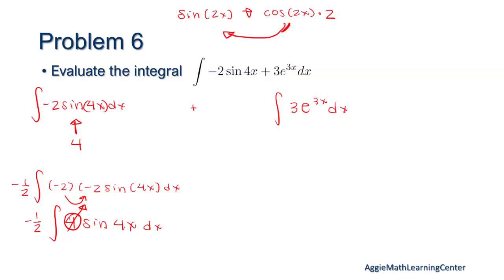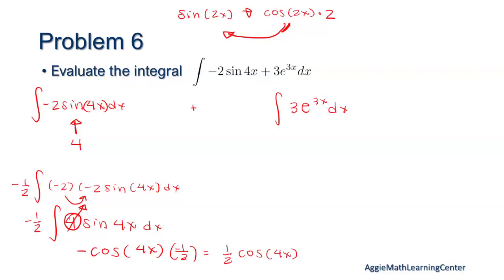Yes, it's going to be negative cosine of x. Perfect. So I'm going to have negative cosine, and I'm going to keep that inside function the same, 4x. And then I'm going to still multiply it by that -1/2. So that's going to give me 1/2 cosine 4x for this one.